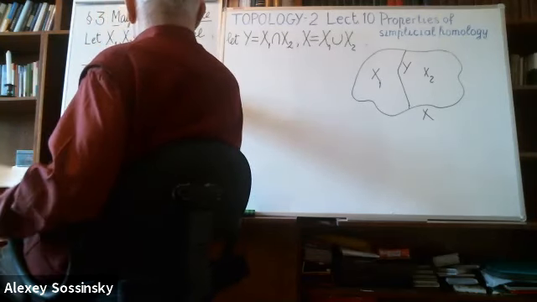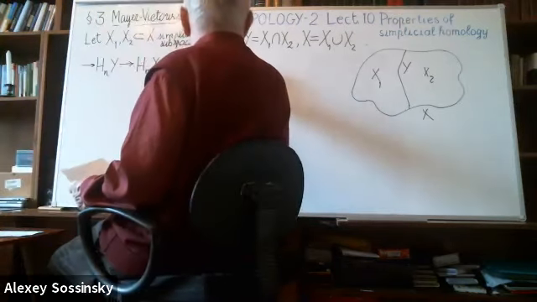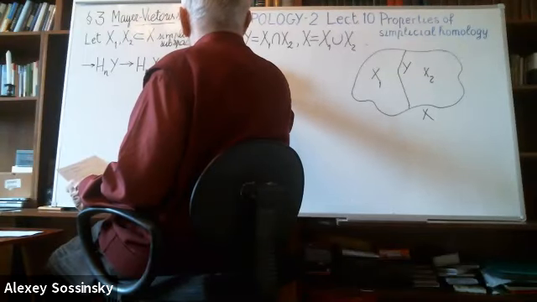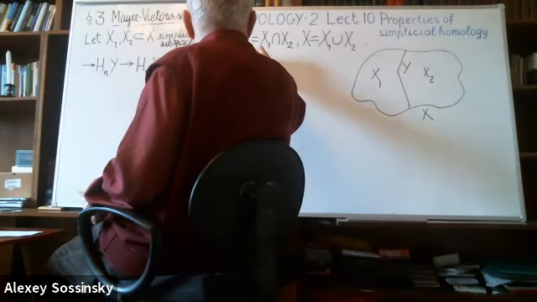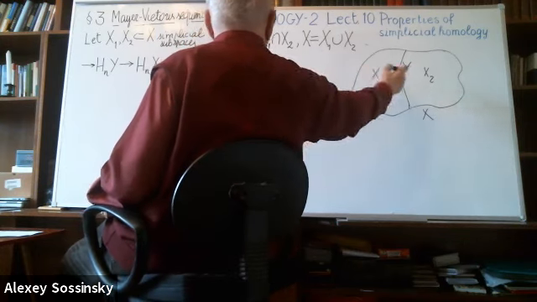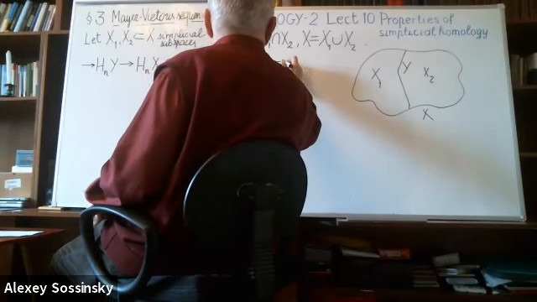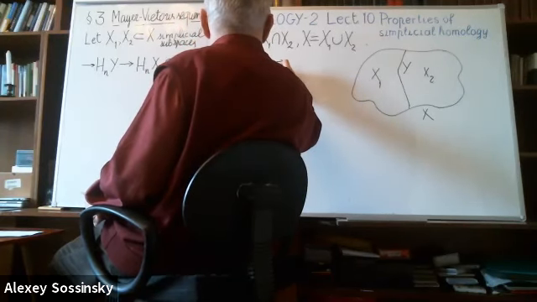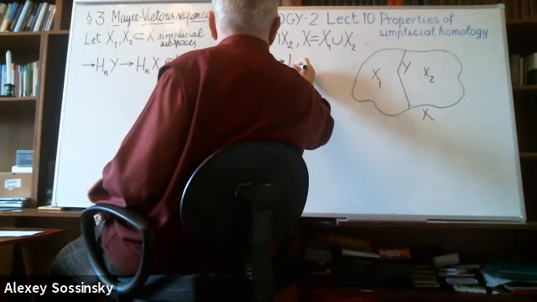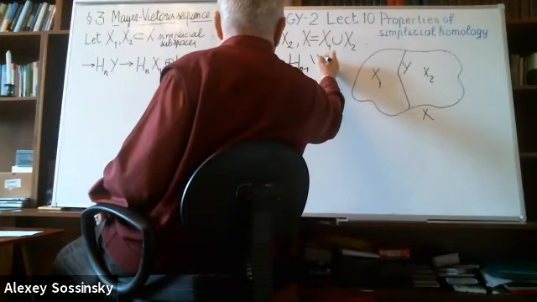These are abelian groups. We just take the direct sum of the abelian groups. Then this is mapped to H_n(X), of the whole X. And then we have something whose name you have guessed, and it's D star. And what we get here is H_{n-1}(Y), and so on.